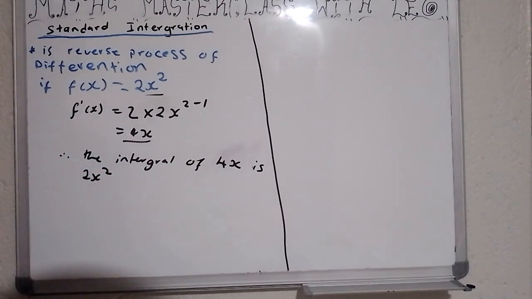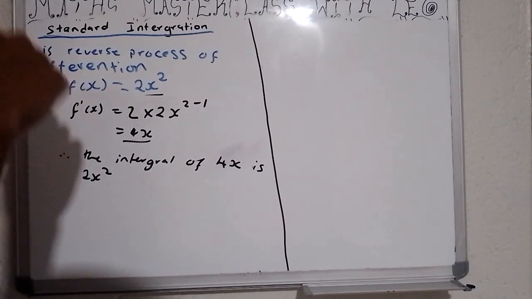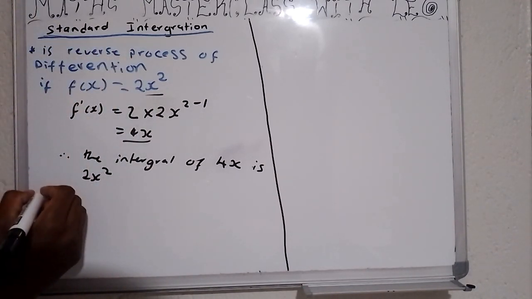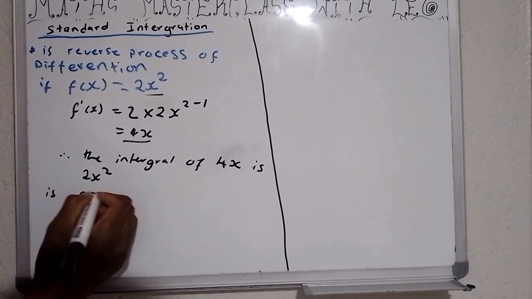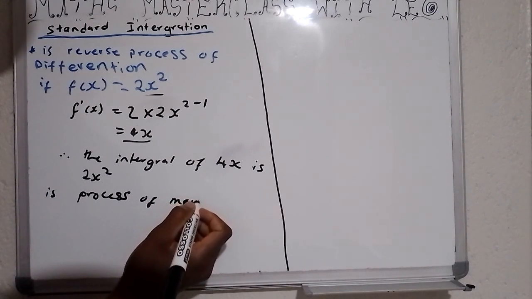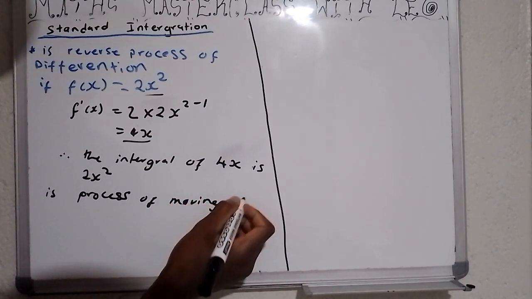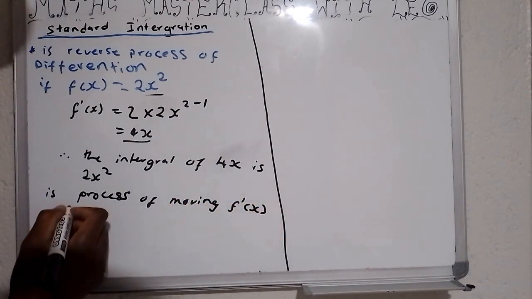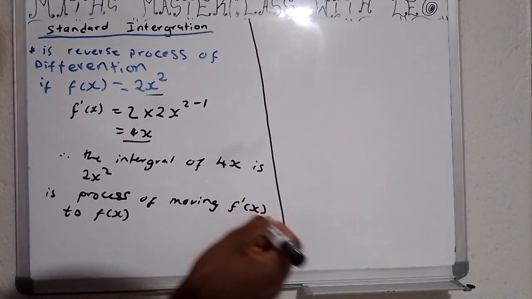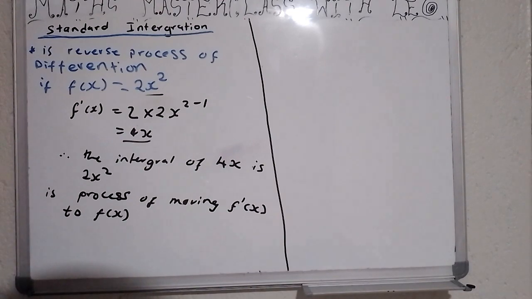The integral of 4x is 2x squared. So basically, what am I trying to say? When we integrate, it is simply a process of moving from f dash x to f of x, right?